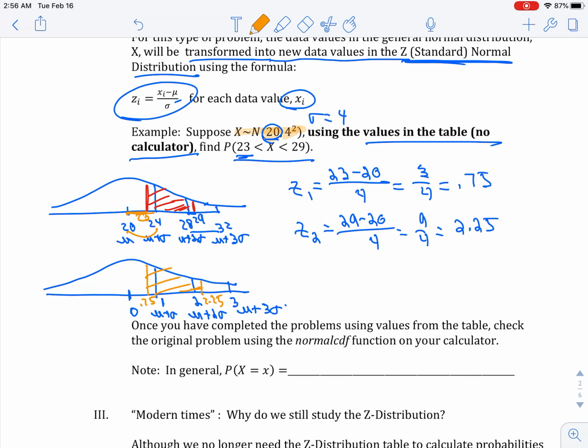So just like before, on the first page, if I want the probability that 23 is less than x, which is less than 29, then what I'm going to do is find the probability that 0.75 is less than z, which is less than 2.25.